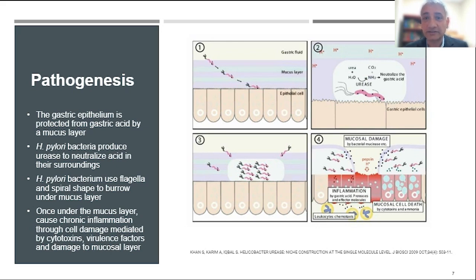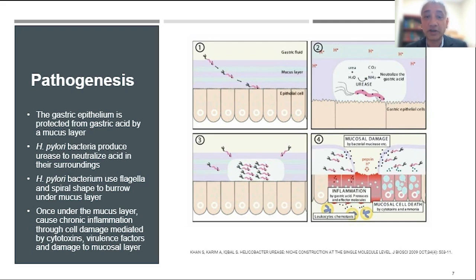Urease catalyzes the reaction of the conversion of urea to carbon dioxide and ammonia. When ammonia is produced as a result of the activity of urease, ammonia is an alkaline substance and it reduces the acidity in the immediate environment of H. pylori bacteria. So once they get next to the epithelial cells, H. pylori bacteria are able to survive by making the environment around them less inhospitable to themselves, by catalyzing the conversion of urea to ammonia and creating a less acidic microenvironment.